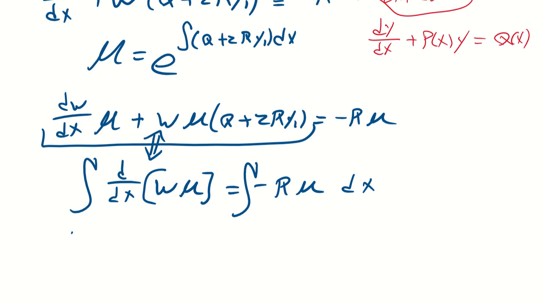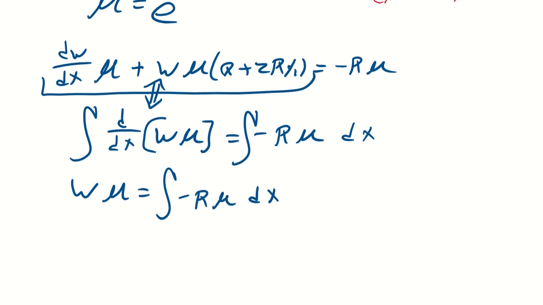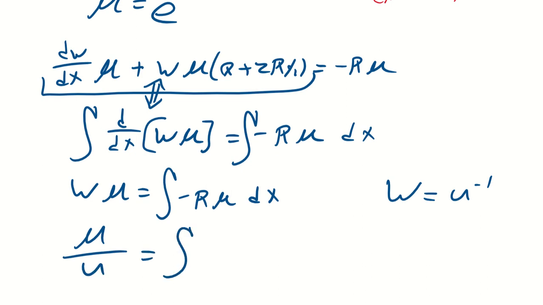So we get w mu is equal to the indefinite integral of minus r mu dx. We know that w is equal to u to the minus 1, so we have mu over u on the left-hand side.